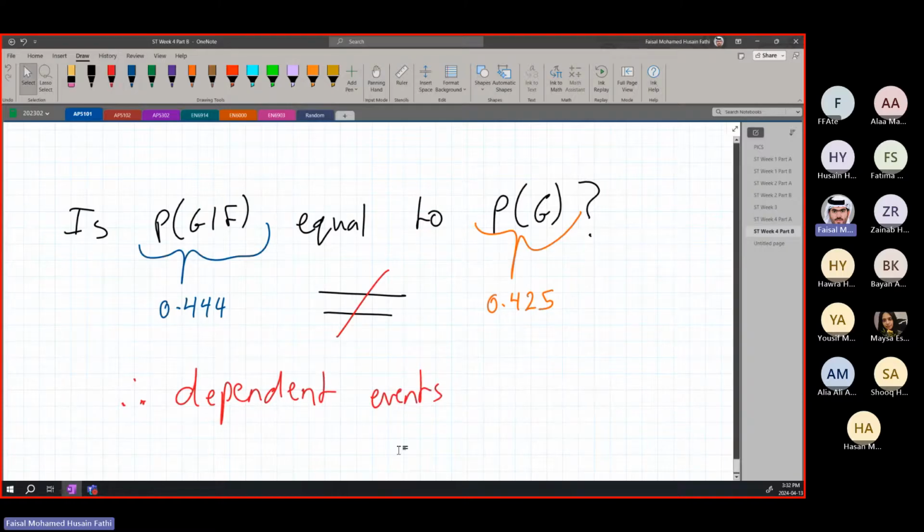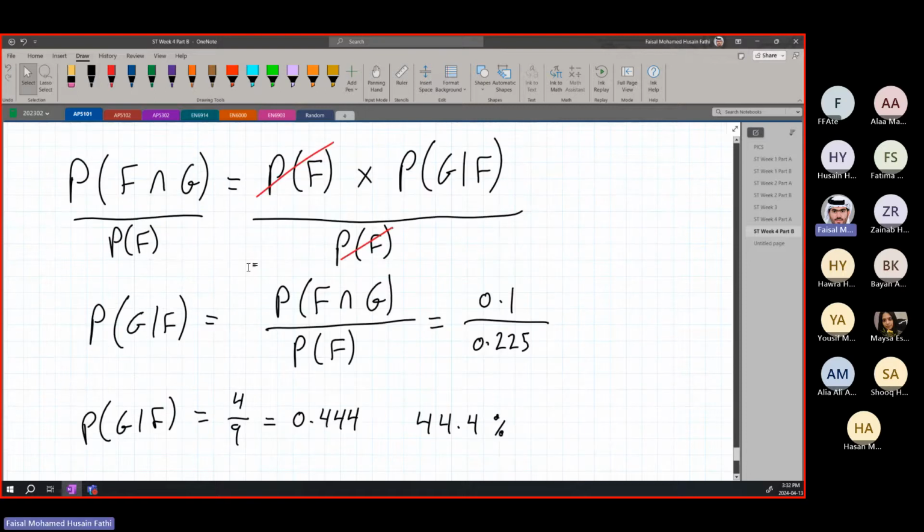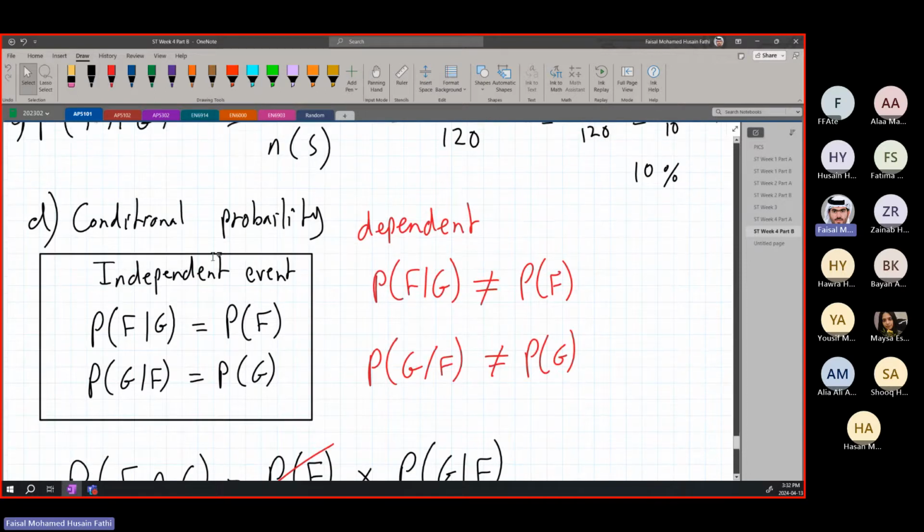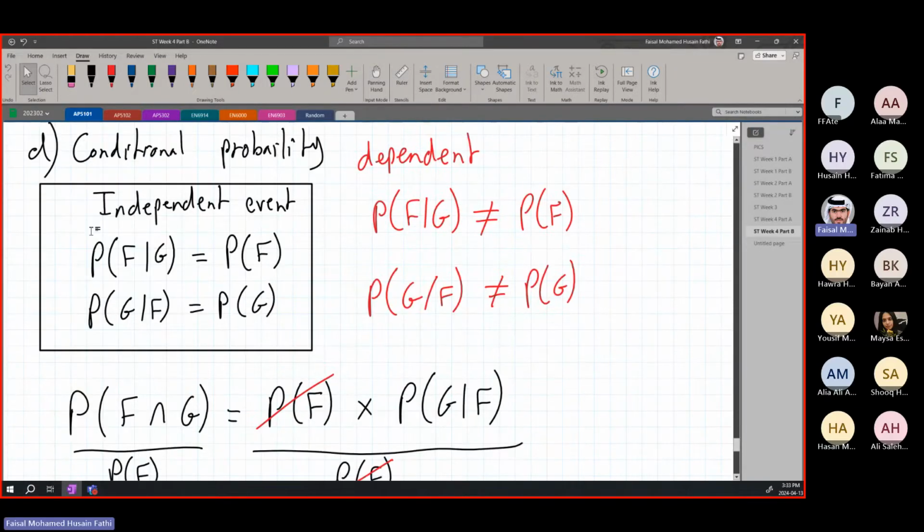Is this clear? Again, recap. For two events to be independent, we know that their conditional probability will simply be equal to the same probability, because F depending on G does not matter in an independent event because they don't depend on each other. So it's simply P of F. In this case, it will be independent.